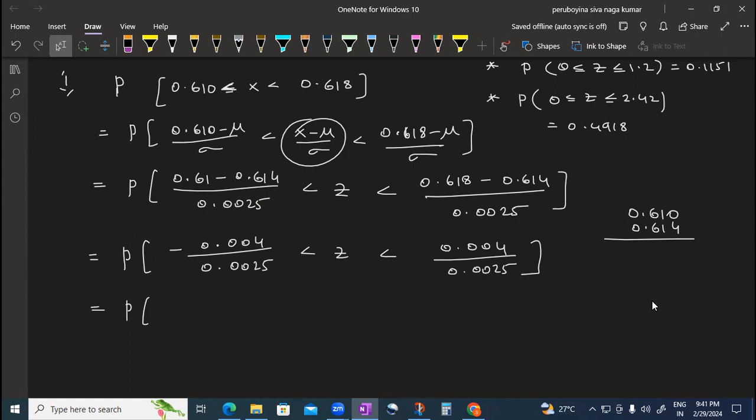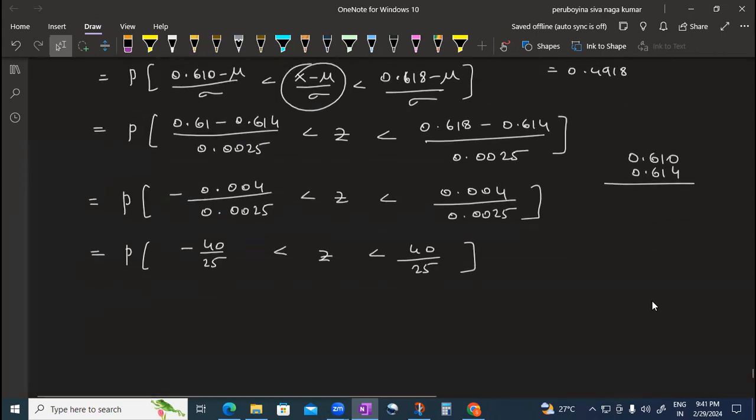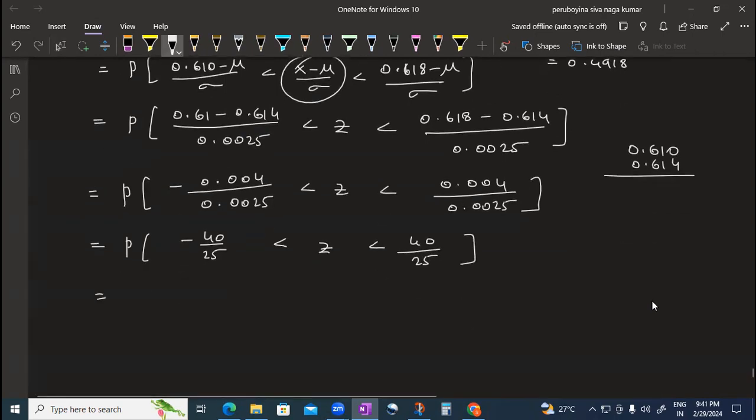Now this is equal to, so actually, you can write 40 by 25 less than g less than 40 by 25. You can multiply with 4 to make this 2500 for fastest calculation.